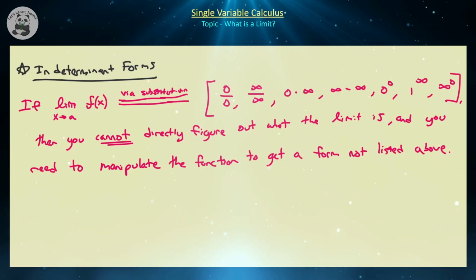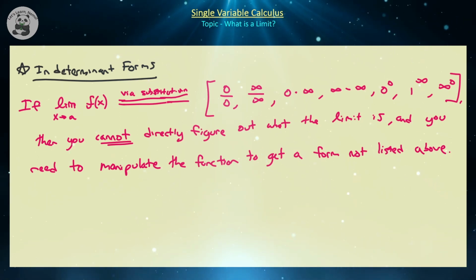The last thing I want to mention in terms of this introduction to limits is what is referred to as indeterminate forms. Indeterminate forms are forms of limit evaluations that you get when you substitute, but they don't really tell you anything useful, i.e., you cannot figure out what the limit is, i.e., it cannot be determined, hence the name indeterminate.